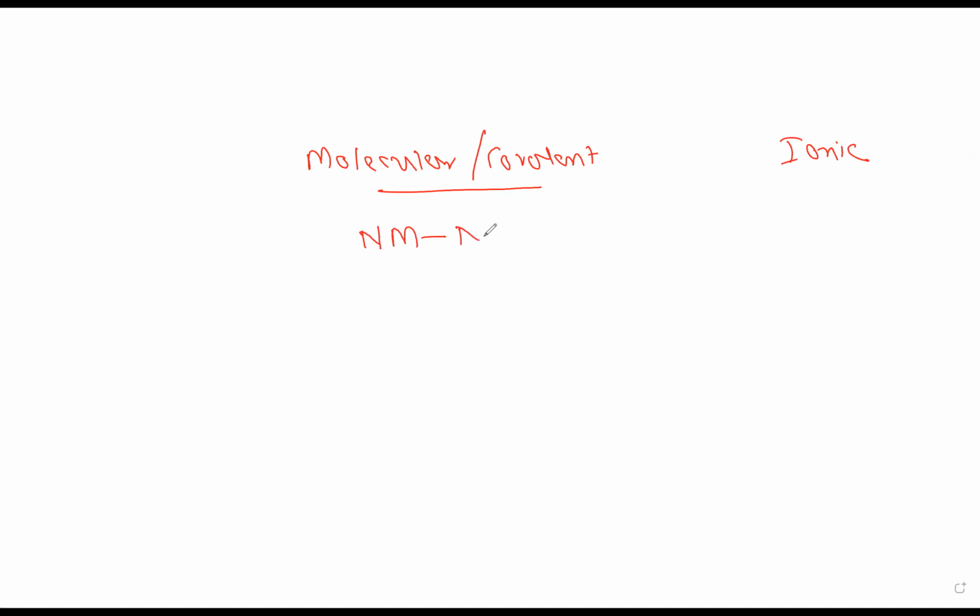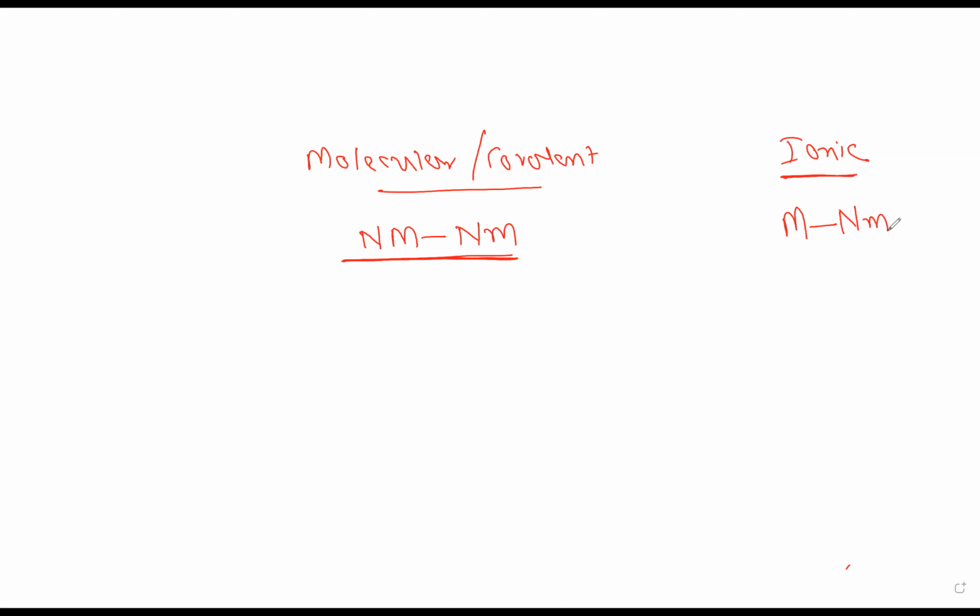Molecular compound or covalent compound will always have two or more non-metals, while for the ionic compound you are always going to see metal connected with non-metal.